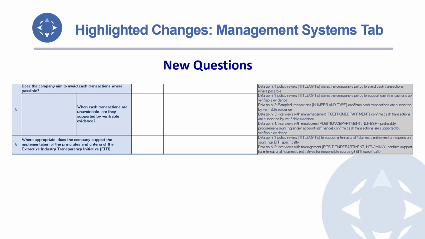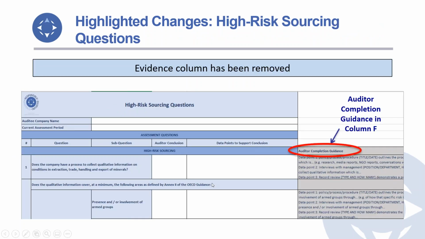Moving forward into the high-risk sourcing questions tab, again, I do want to point out the auditor completion guidance that was added in column F, as well as pointing out that the evidence column has been removed. And I do want to clarify that if the smelter is sourcing all high-risk supply chains from an approved upstream assurance mechanism, you do not need to answer lines 6 through 67.